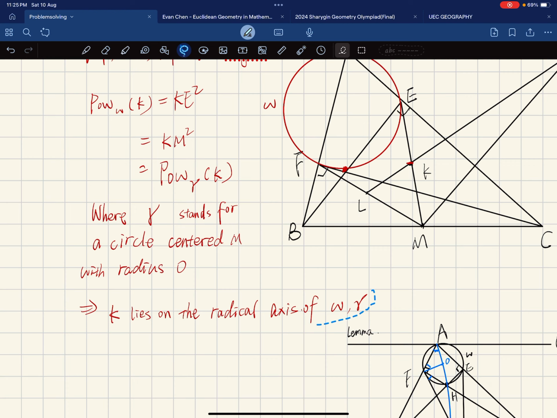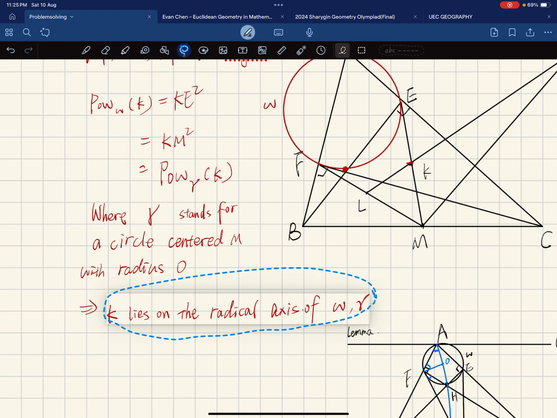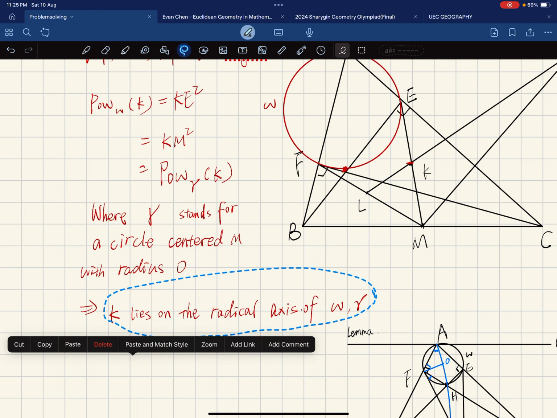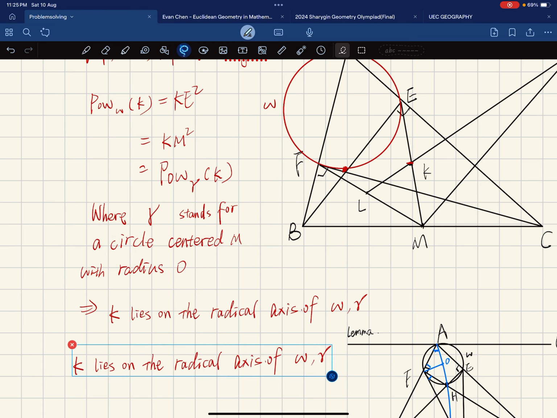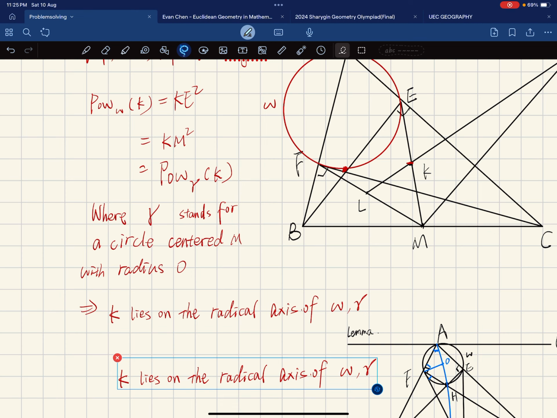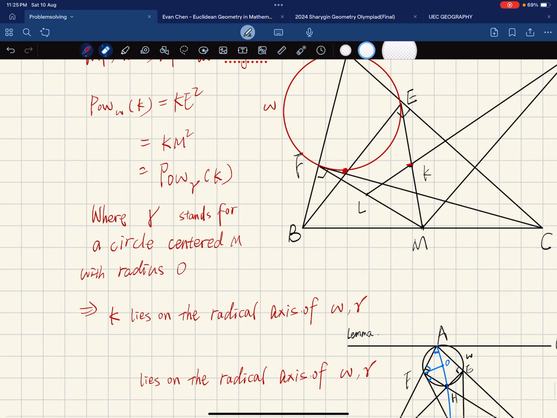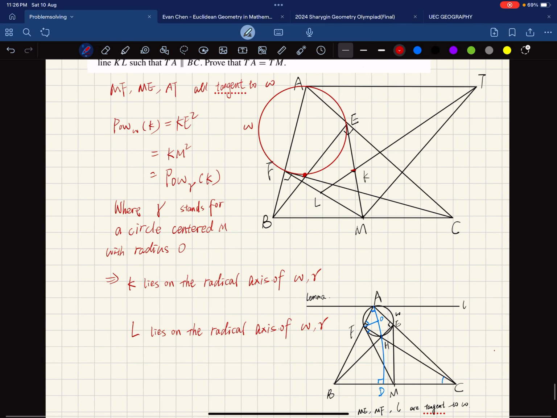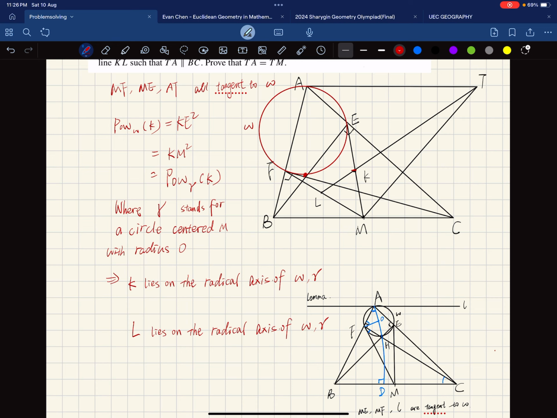Why? Because in the same way, we have the point L, right? In the same way, L lies on the radical axis of omega and gamma.